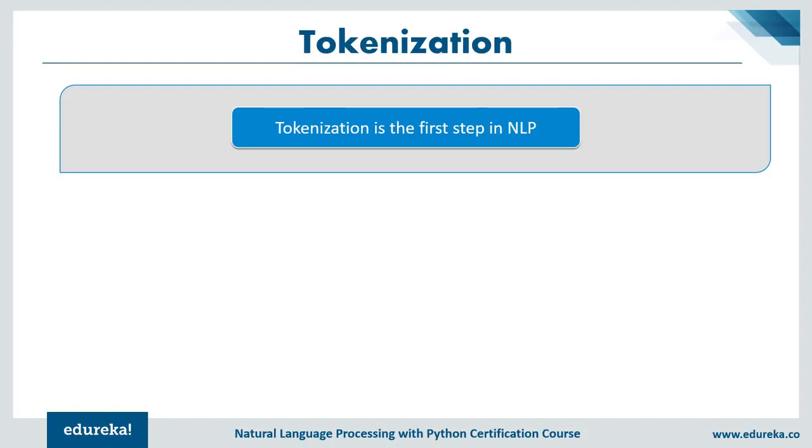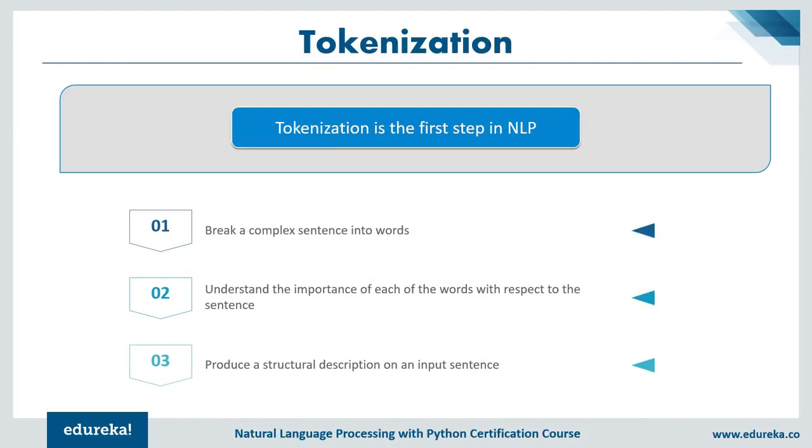Now, when we process text, there are a few terminologies that we need to understand. The first one is tokenization. Tokenization is the process of breaking strings into tokens, which in turn are small structures or units. Tokenization involves three steps: breaking a complex sentence into words, understanding the importance of each word with respect to the sentence, and finally producing a structural description of an input sentence.